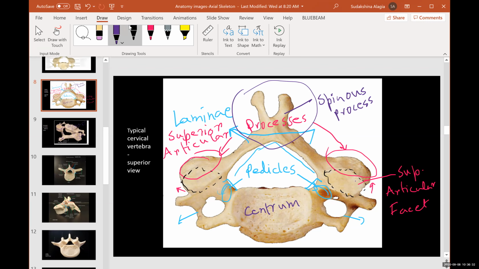Thank you for catching it. If you catch mistakes like that, please let me know. Normally, I don't make this kind of mistake, but this semester is different. I apologize. Transverse process.